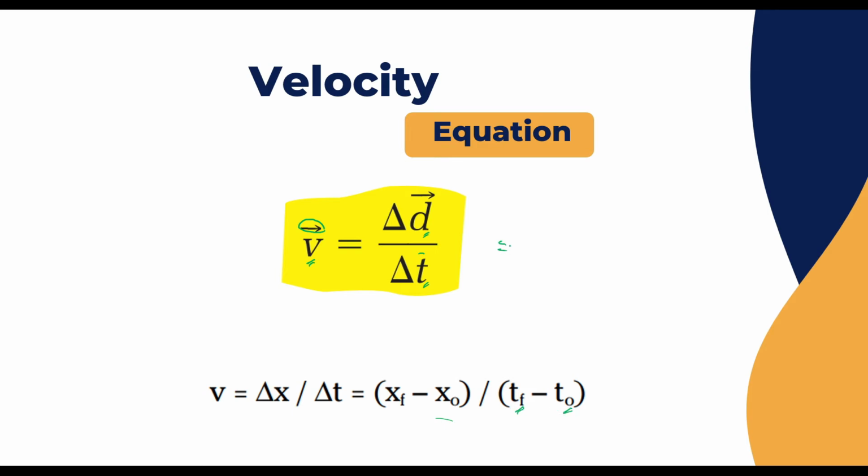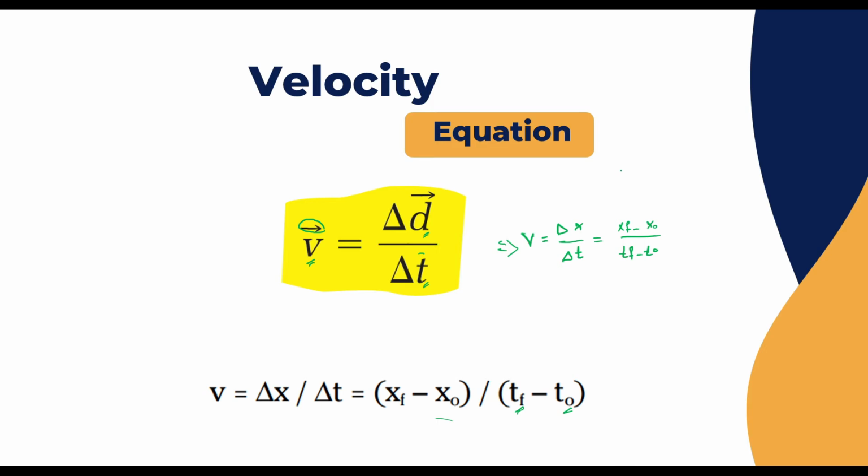So you can say here v equals delta x over delta t: change in position, or displacement on the horizontal line, divided by the change in time for that exact object. So we can say the final position minus x_i, or x_0, the initial position, over t final minus t_0, which is final time minus initial time.